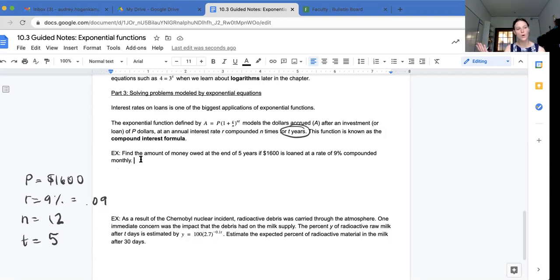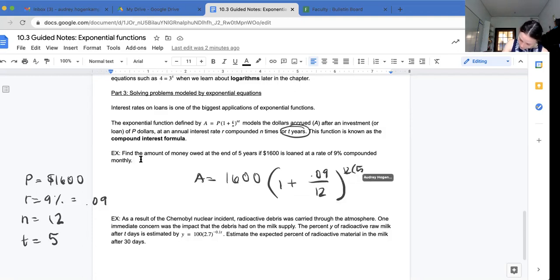That could be money that you owe or money that you earn, just the amount of money that's there. So A is equal to P, 1,600, times (1 plus R over N), so 0.09 over 12, to the NT, so 12 times 5.